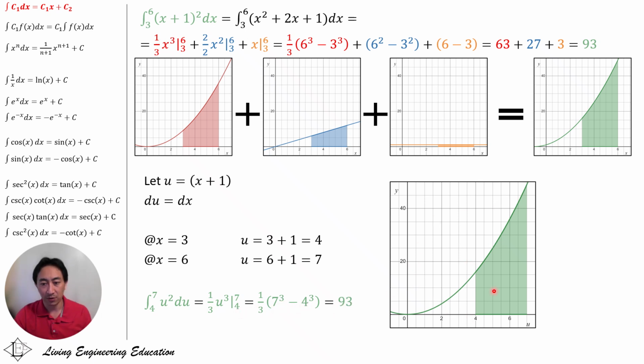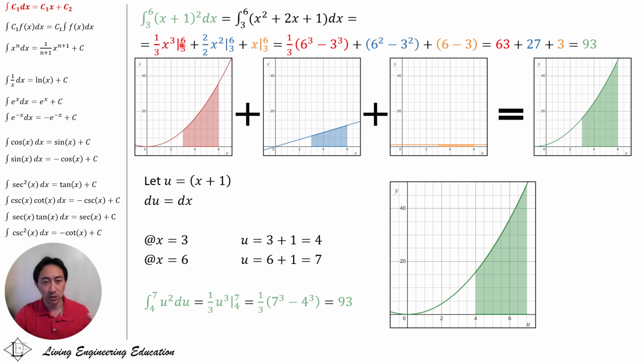And this graph here is as a function of u instead of a function of x. And this is u squared, the integral of it from 4 to 7. And this area here is exactly equal to this one. They're both 93.